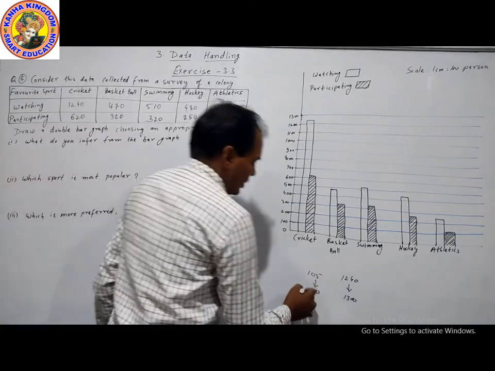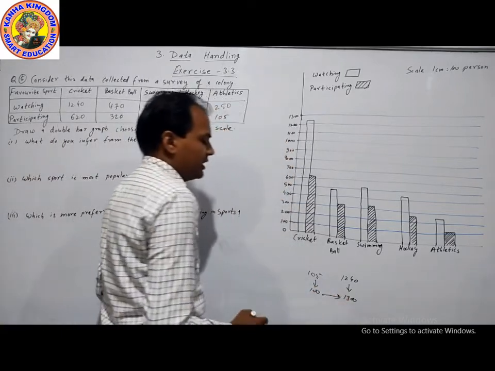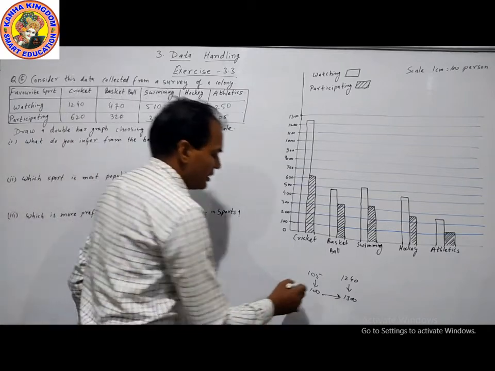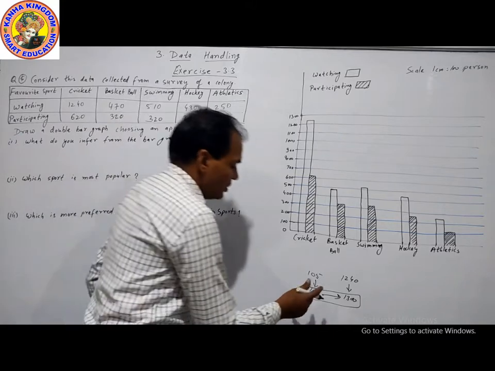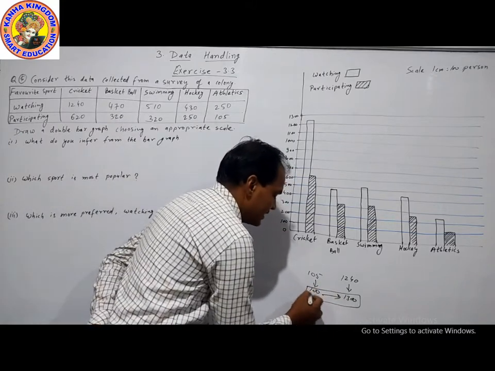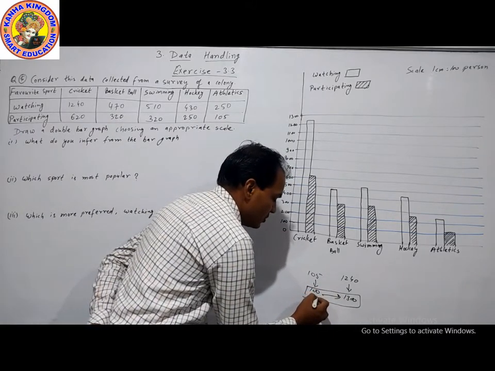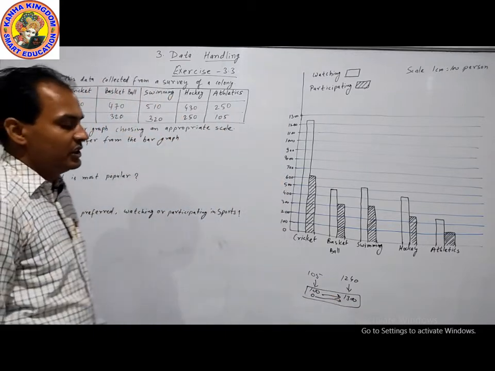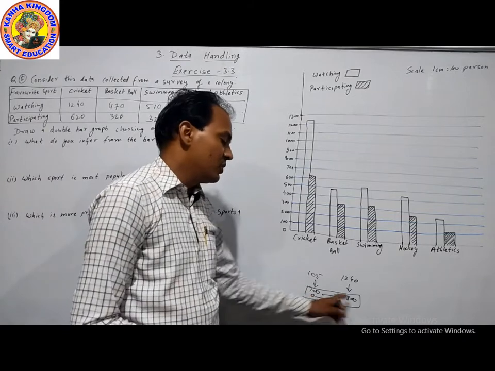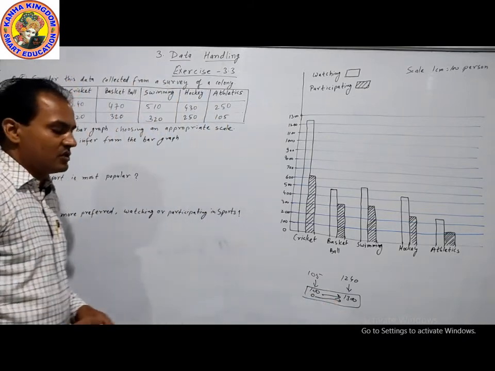So 100 is the small number and 1300 is the large number, so we will use 0 to 1300 persons in this graph.